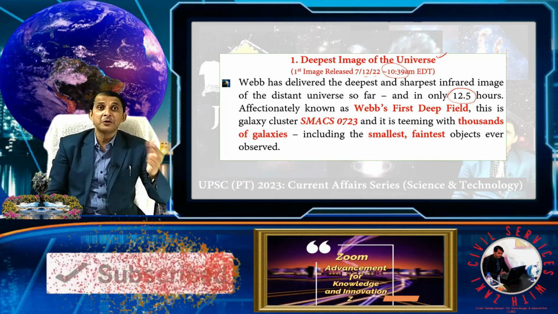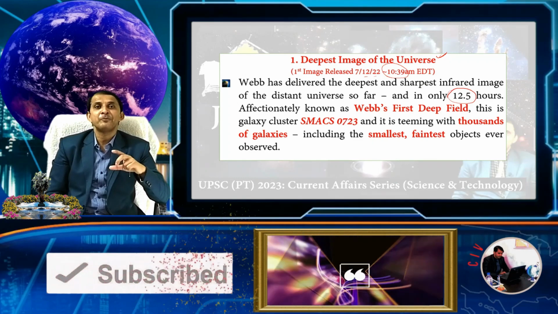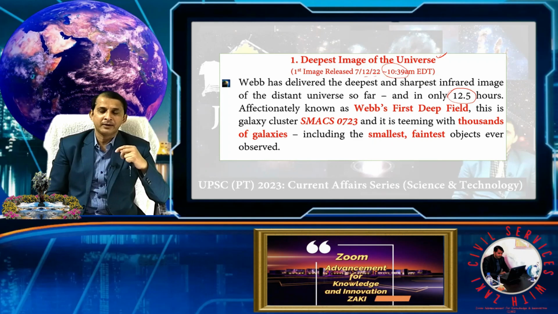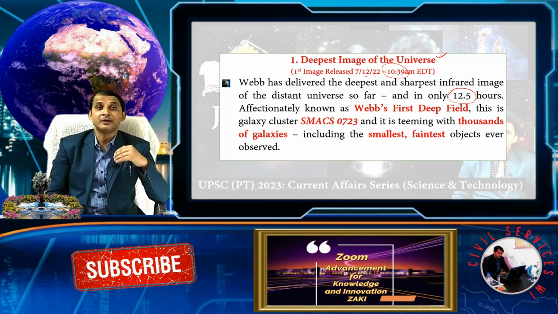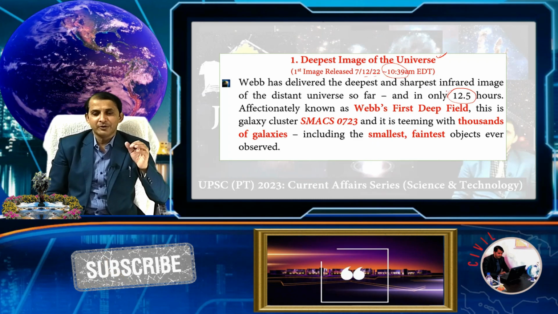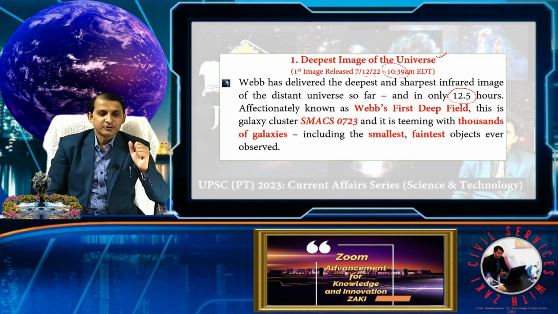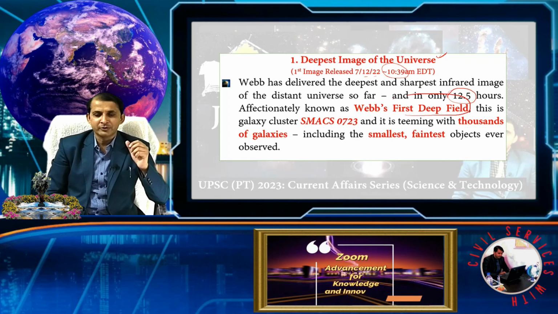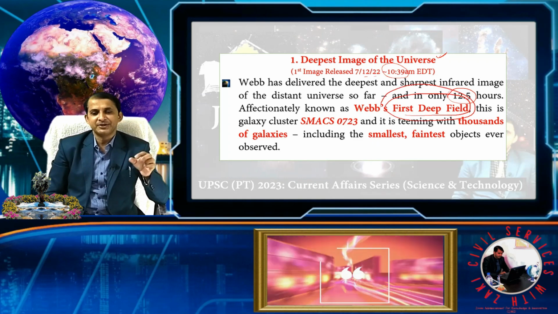If you compare with the Hubble telescope, for the same type of picture Hubble would take several weeks. But here it's only 12.5 hours. It is affectionately known as Webb's First Deep Field.